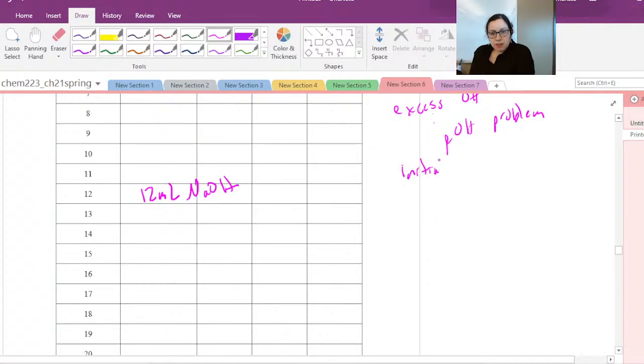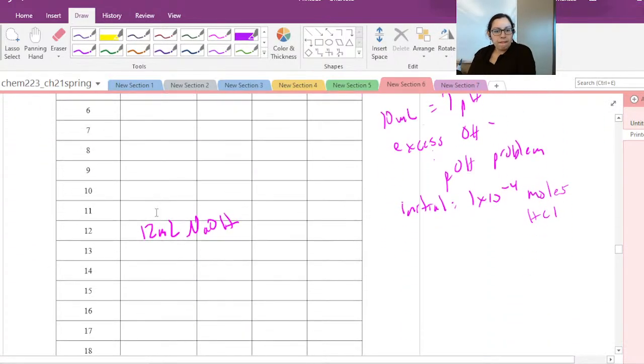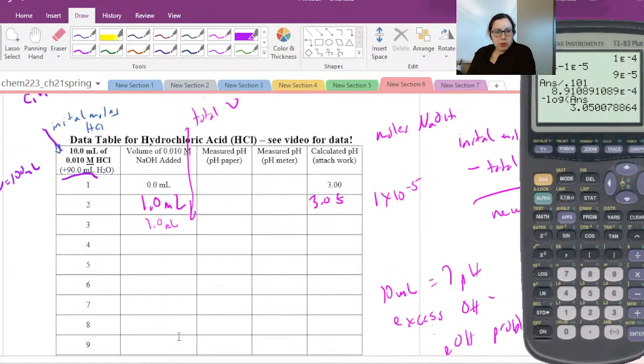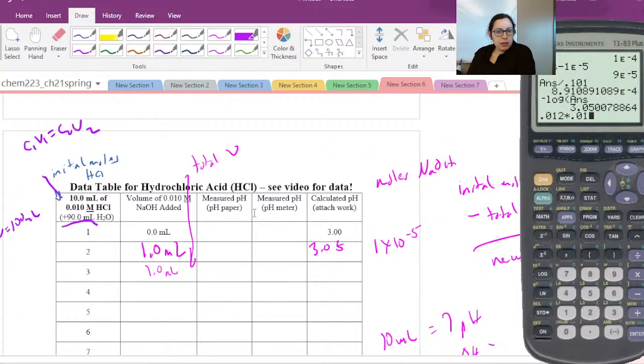So we still have initially 1 times 10 to the negative 4 moles of HCl. And so then we said, well, let's go past the equivalence point. So figure out how many moles of NaOH that is. So 0.012 times 0.01.